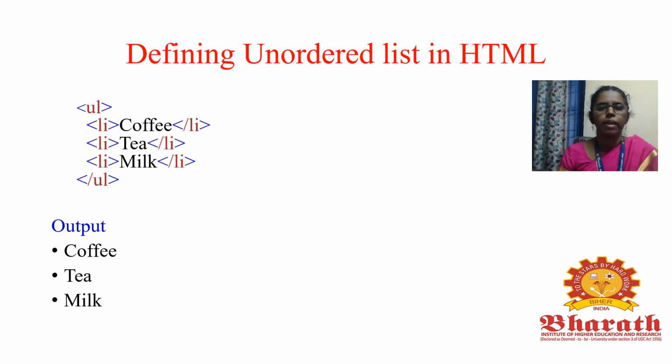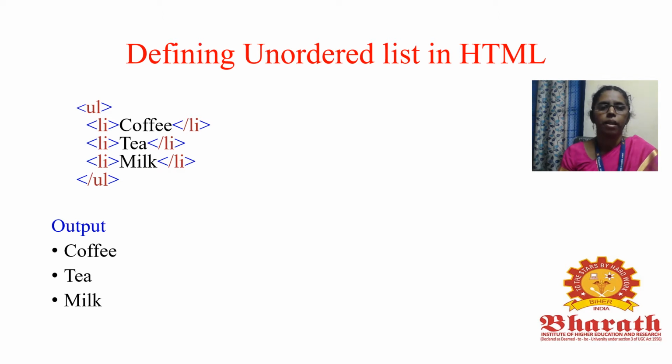How can we define the unordered list in HTML? An unordered list can be specified using the UL tag. All the list items can be embedded within this UL tag. Each list item can be specified within the li tag. In HTML, for each opening tag we have the corresponding closing tag, and the closing tag should be preceded by the / symbol. So what will be the expected output of this part?